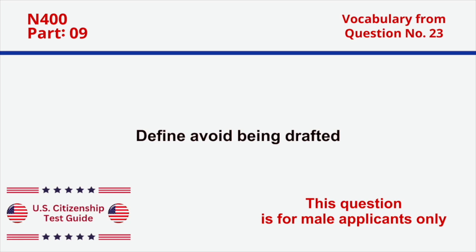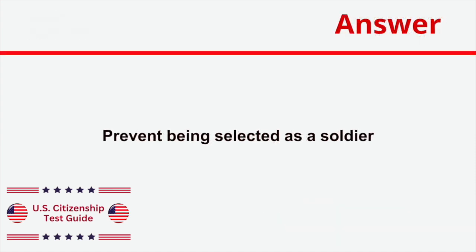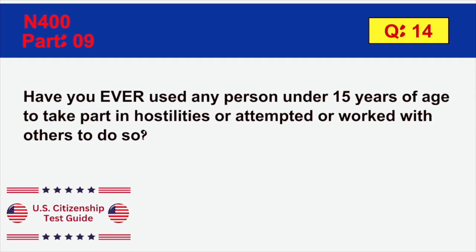Define avoid being drafted. Prevent being selected as a soldier. Have you ever used any person under 15 years of age to take part in hostilities, or attempted, or worked with others to do so?